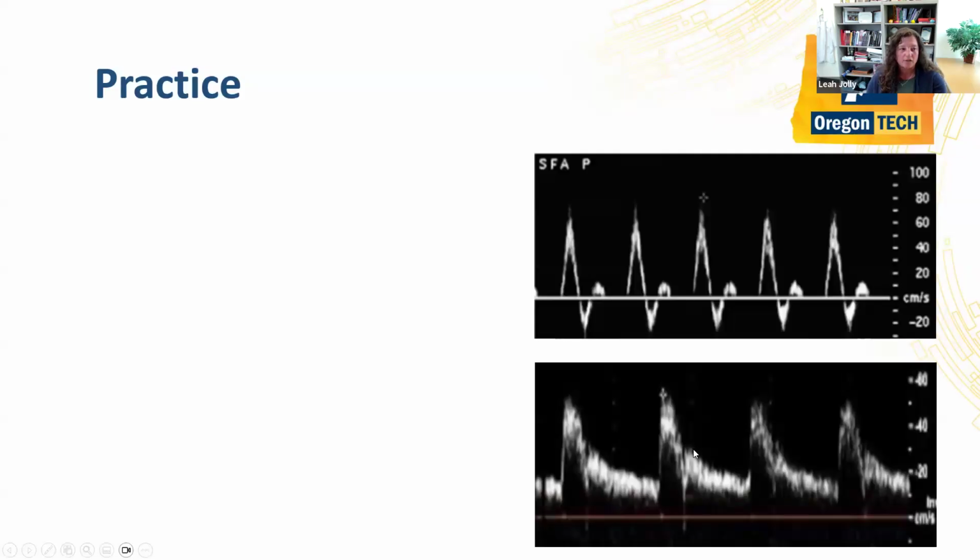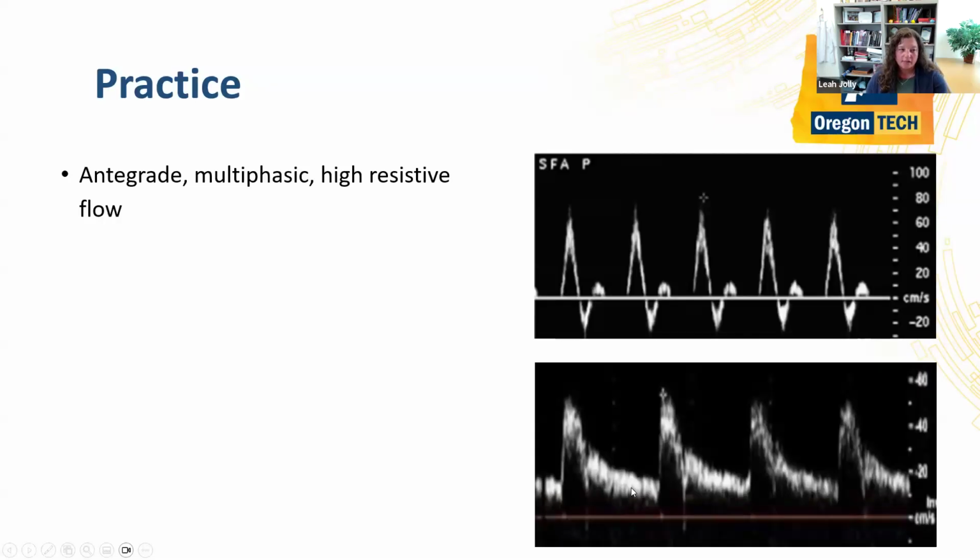So both of these are going to be antegrade. Flow's going the right way. This crosses the zero flow baseline, so it's multiphasic, and it's resistive. Something is keeping flow from going the rest of the way down throughout diastole. So this is a high resistive waveform. So this one: antegrade, multiphasic, high resistive flow.